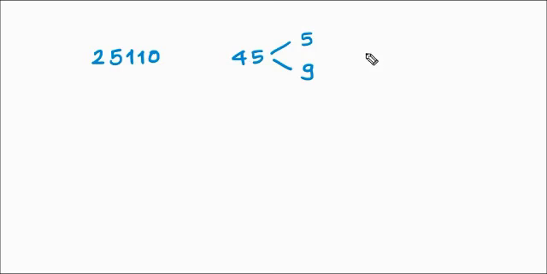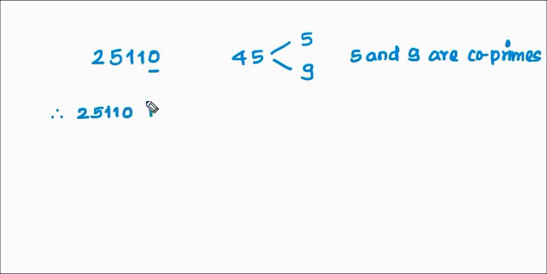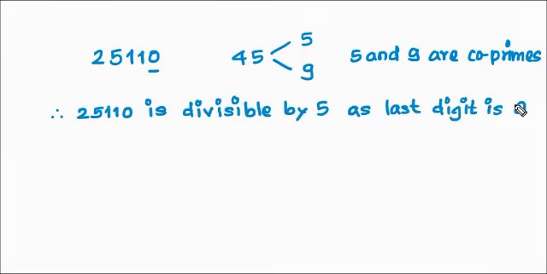And we know 5 and 9 are co-primes. So, if this number is divisible by both 5 and 9, then it would be divisible by the product of 5 and 9. So, let's check if this number is divisible by 5. The last digit is 0. And in 5's divisibility test, if the last digit is 0 or 5, it is divisible by 5. And for 9, let's do the sum of digits.